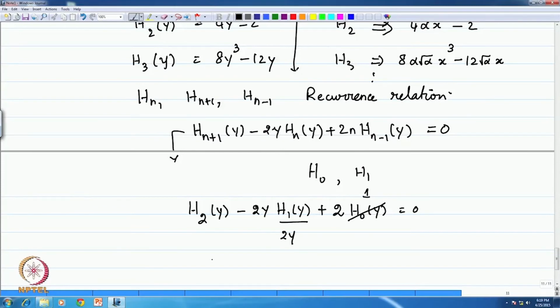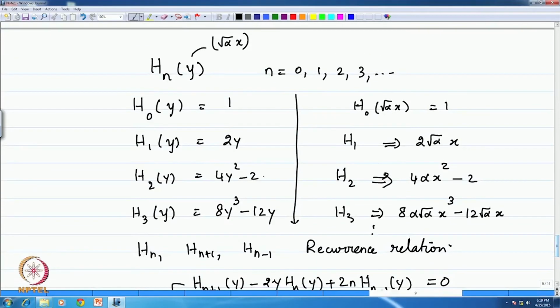Therefore, you see H2 of y is 4y squared minus 2, which is what I had written down earlier.